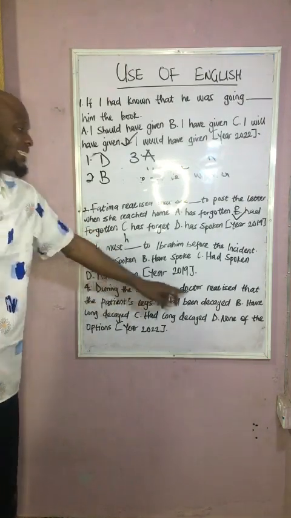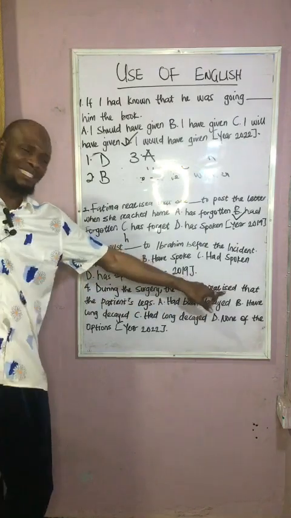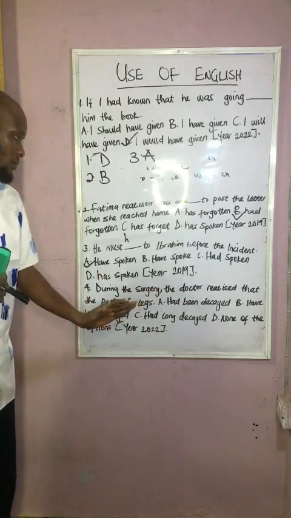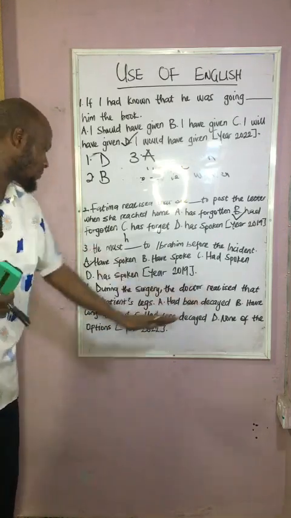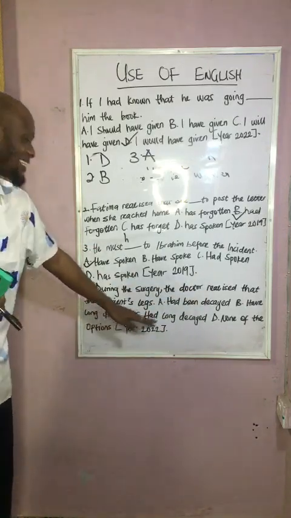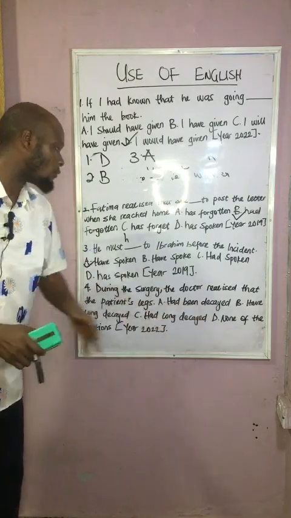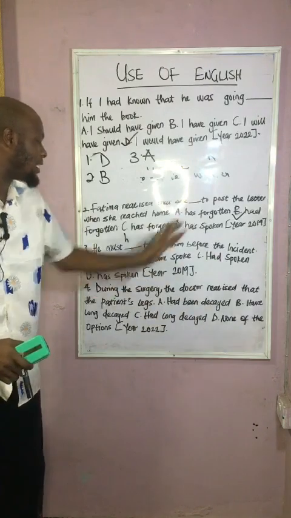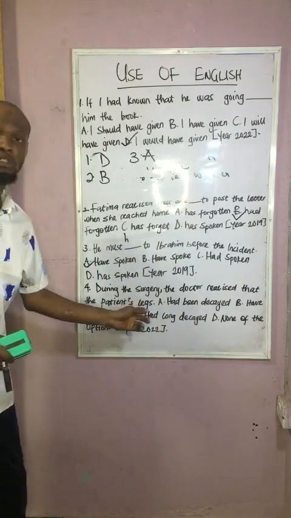During the surgery, the doctor realized that the patient's legs had been decayed, have long decayed, had long decayed, none of the above. The patient's leg had long been decayed before the surgery.